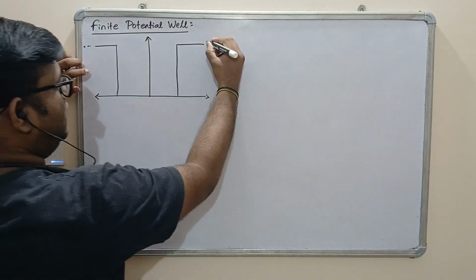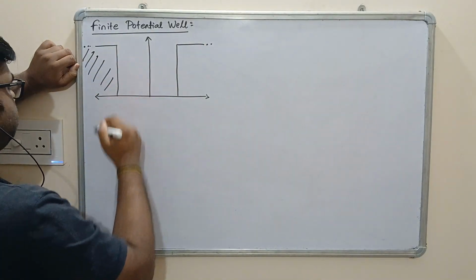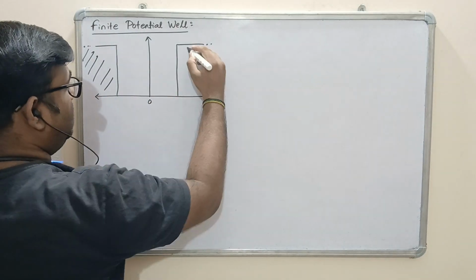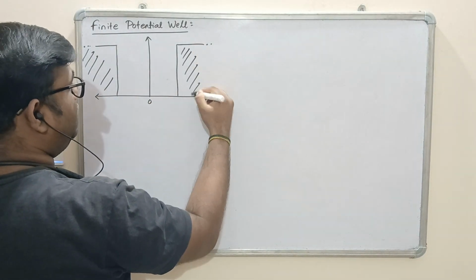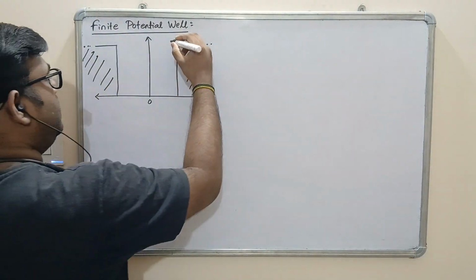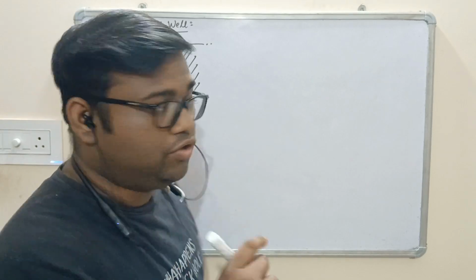these are two potential steps. These steps go to infinity in the distance, but the height of these steps, where the potential V is not at infinity, V is at V0.